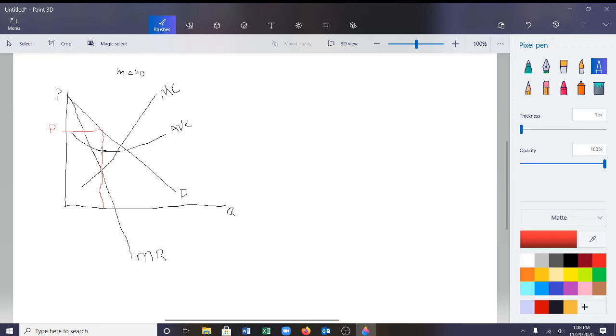Now, I didn't talk about profit in the competitive market because I wanted to illustrate it here. This is the profit level. Boy, my drawing is really off today. So this is the profit because the cost at this profit maximizing level is at that point of the average variable cost curve that the firm set their quantity at.